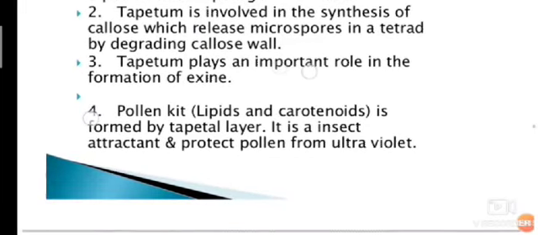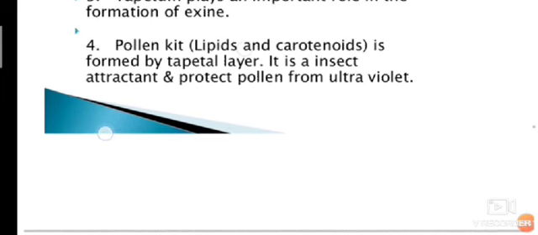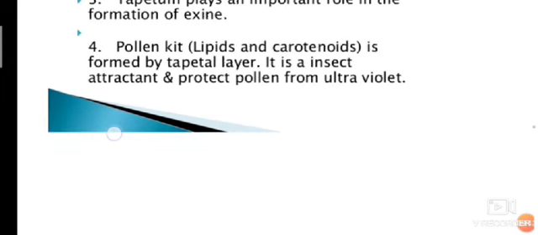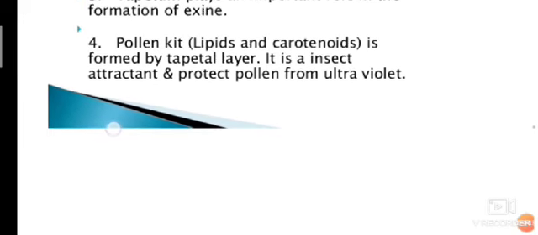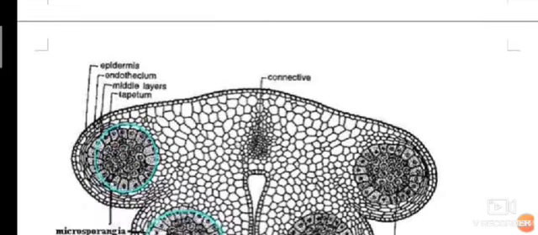Tapetum plays an important role in the formation of enzymes. Pollenkitt, lipids and carotenoids are formed by the tapetal layer. It is an insect attractant and protects pollen from ultraviolet. See the figure.